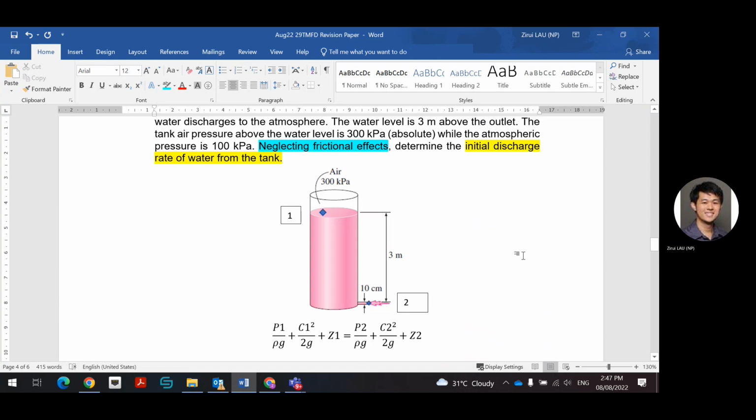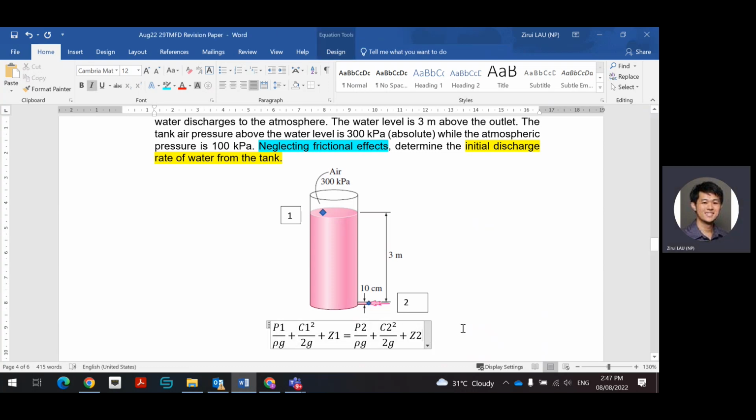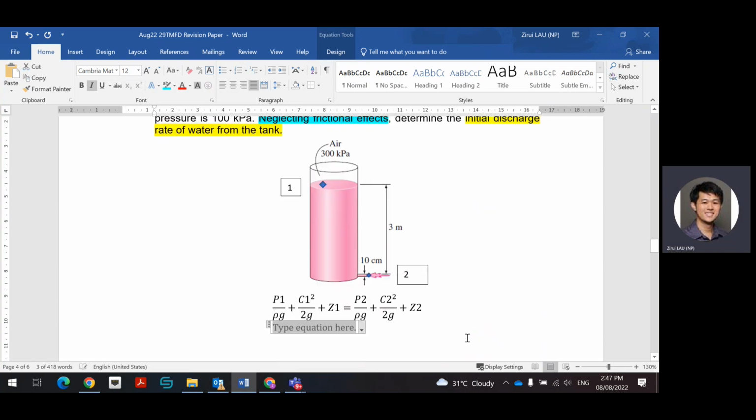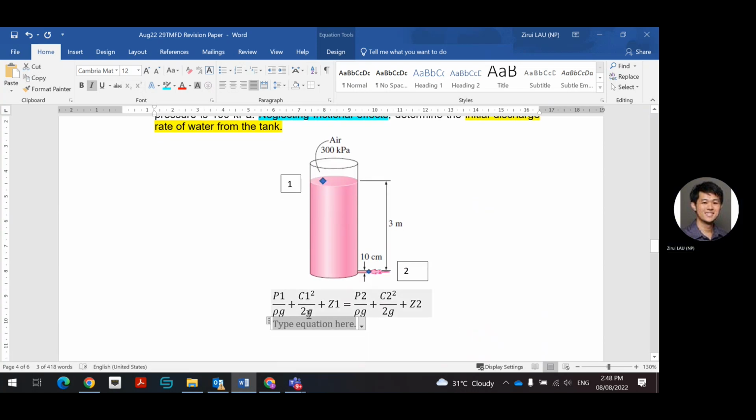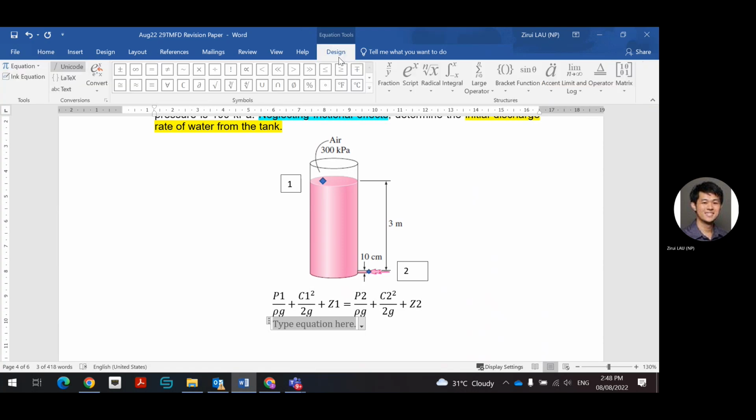Z is the height, correct. Let's put in the values. What is P1? Correct.